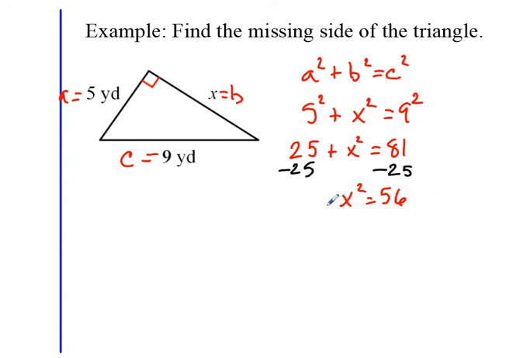Now it's time to square root both sides. X is going to be equal to whatever the square root of 56 is, approximately 7.48. So sometimes you add, sometimes you subtract. Be careful about plugging things in correctly, and don't think that the c is always going to be the x you're solving for.